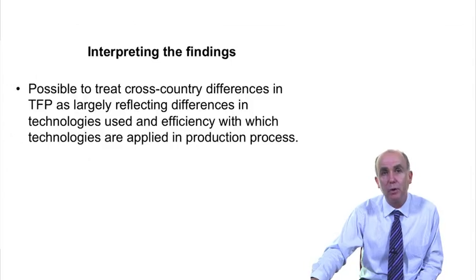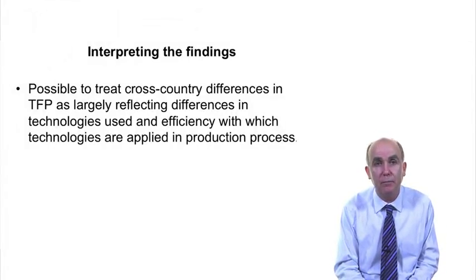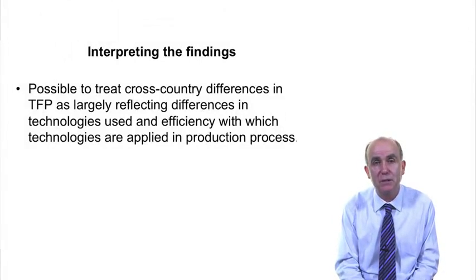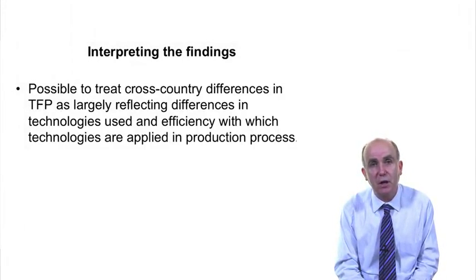Now, one important point is about interpreting the findings from growth accounting decomposition analysis. It's possible to treat cross-country differences in total factor productivity as largely reflecting differences in technologies used and the efficiency with which technologies are applied in the production process.